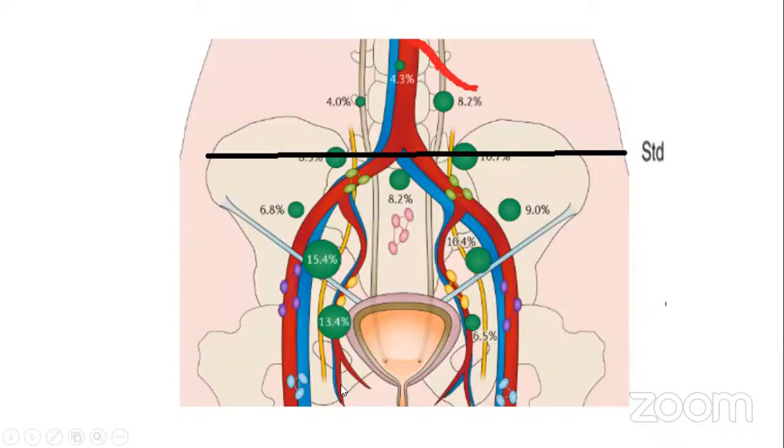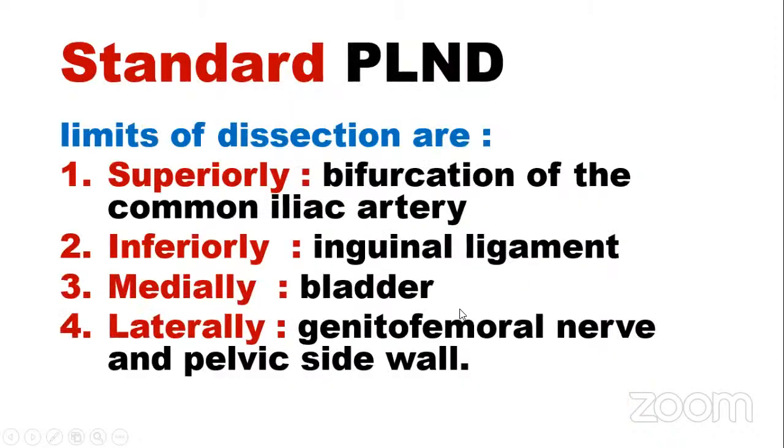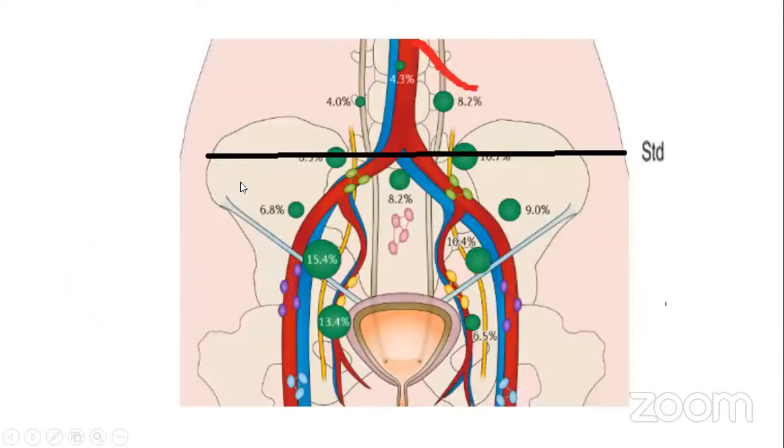The genitofemoral nerve lies laterally in this area, and inferiorly we have the ilioinguinal lymph nodes. So inferiorly is the inguinal ligament, laterally the genitofemoral nerve, and medially the bladder.